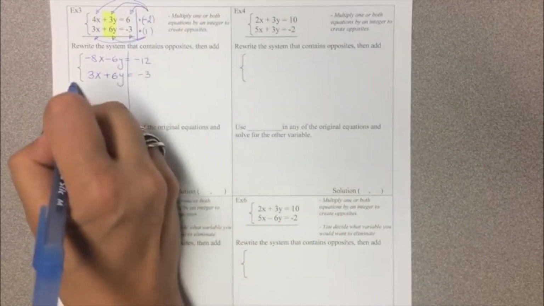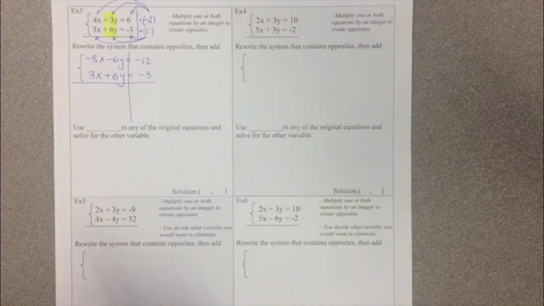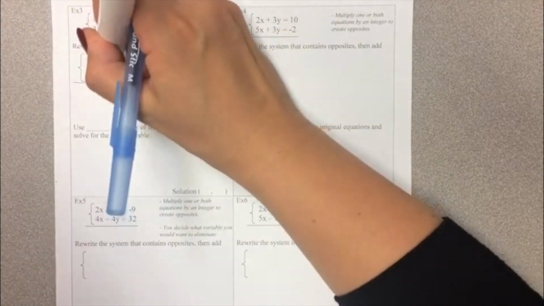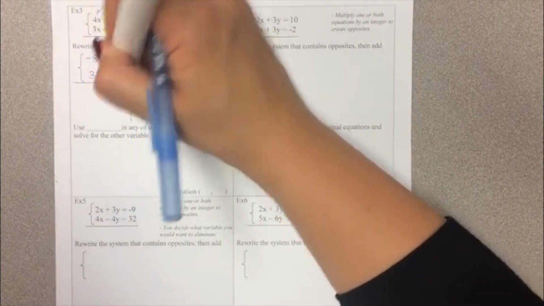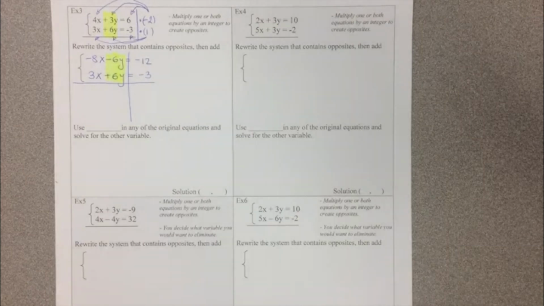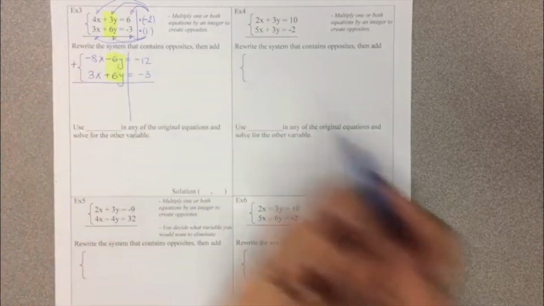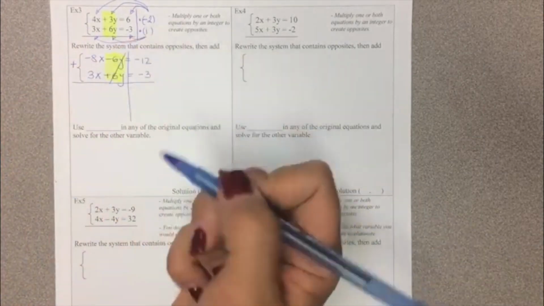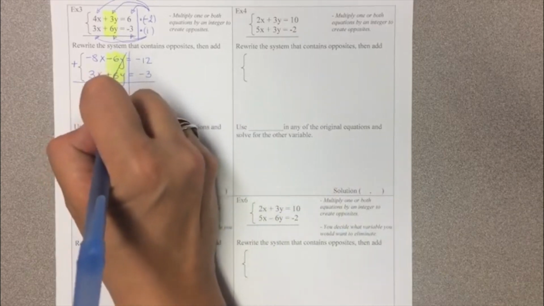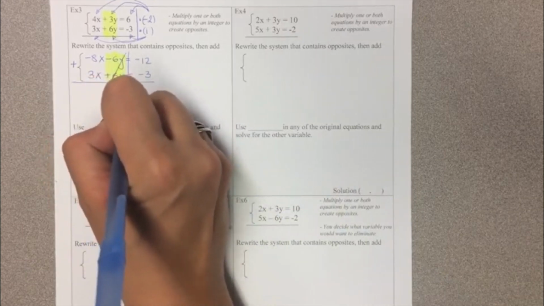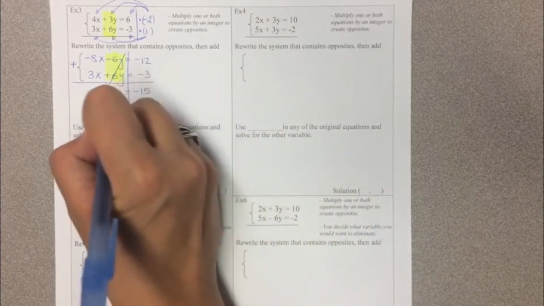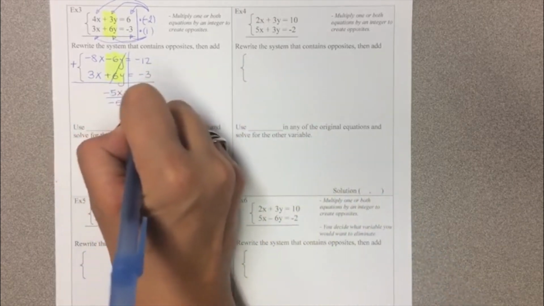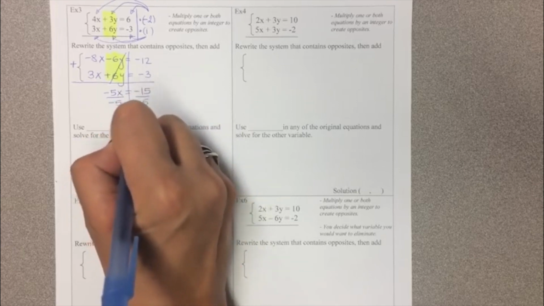What you have now created is your zero pair, or opposites, which will eliminate each other if you add the equations in the system. Negative 8 plus 3 is negative 5x. Negative 12 with negative 3 is negative 15. Dividing by negative 5, we have the x value of 3.